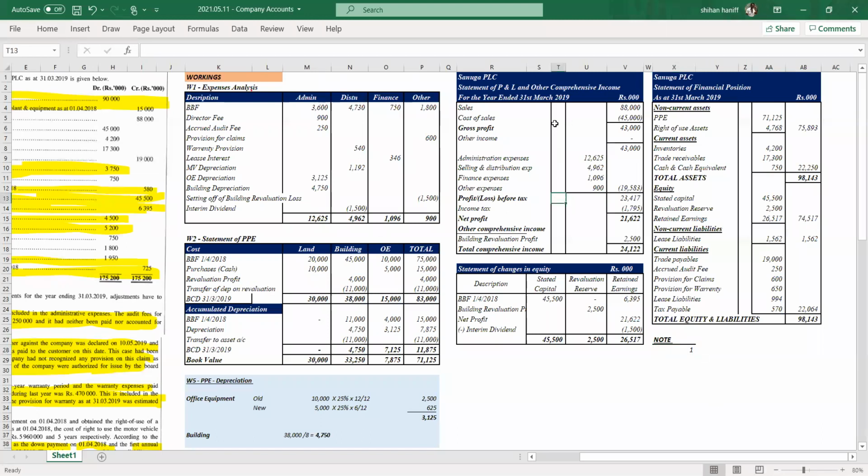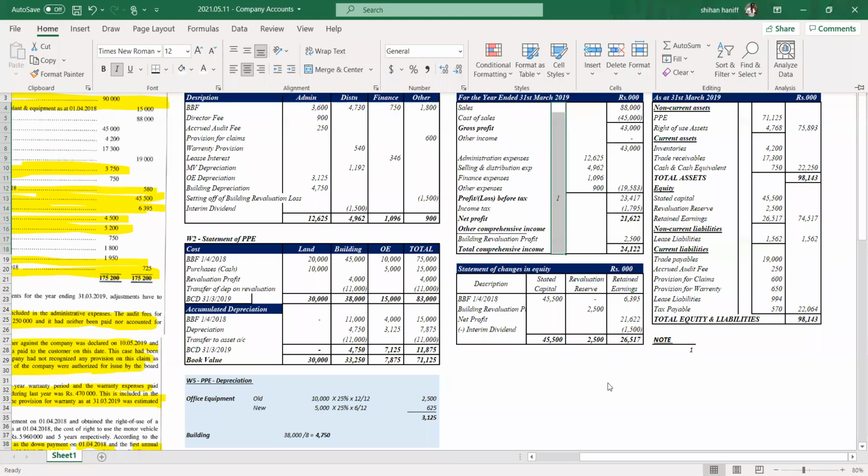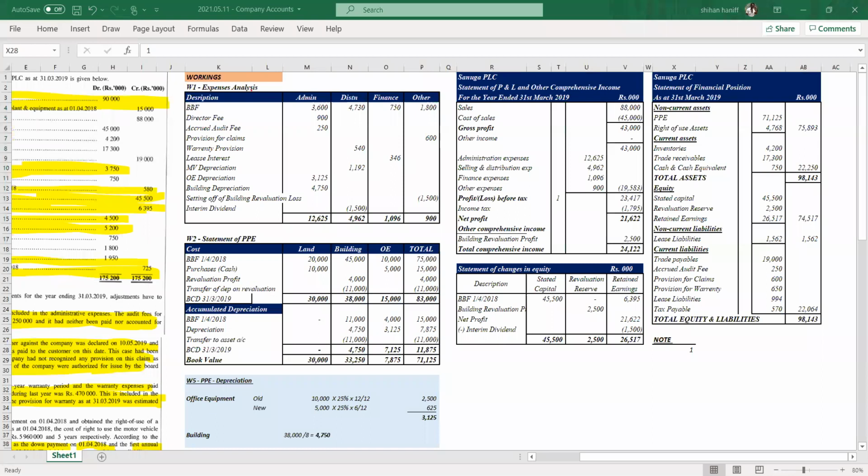We normally take note number 1 to the profit before tax. So say that profit before tax has been calculated after charging the following expenses.